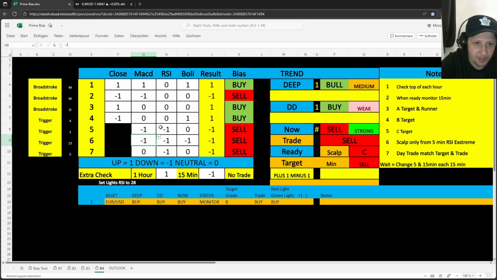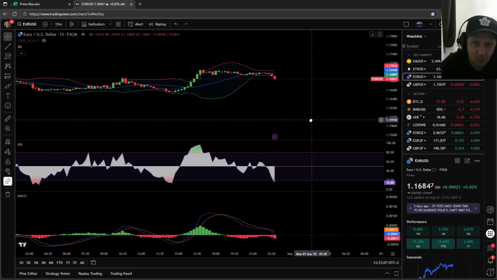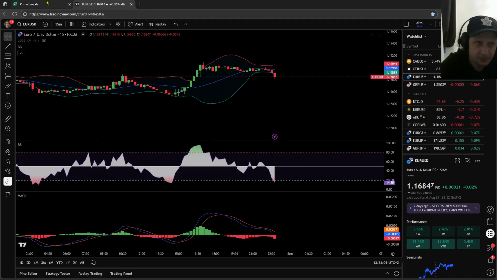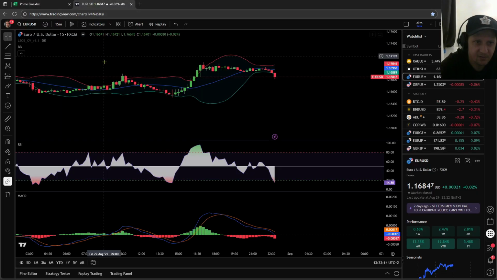So the RSI is a +1. And the Bollinger Bands -1. That's right. Now we have the 5 minute.